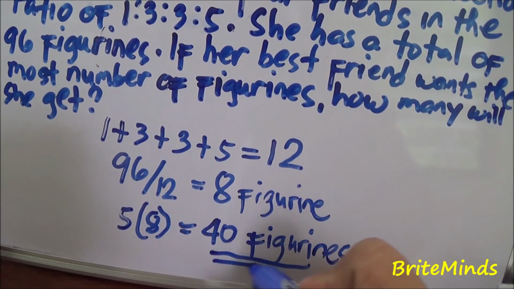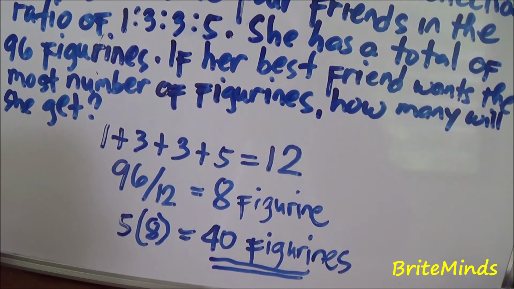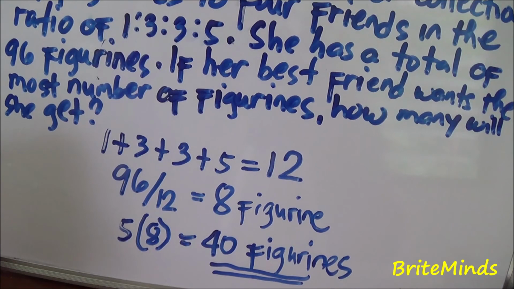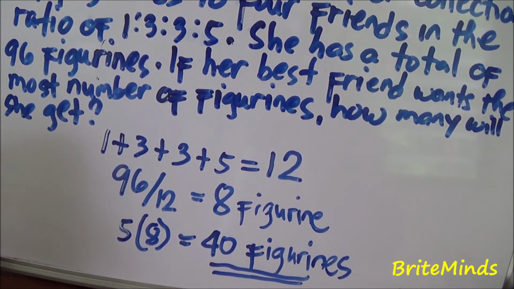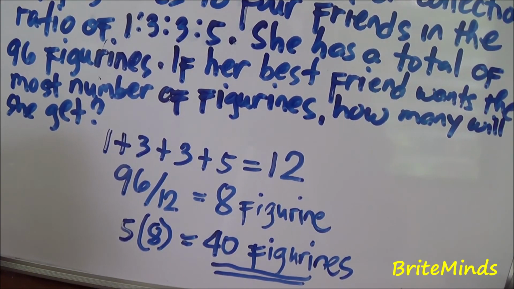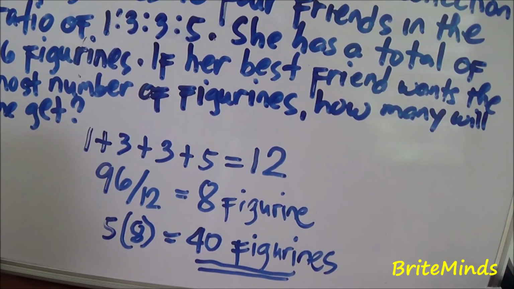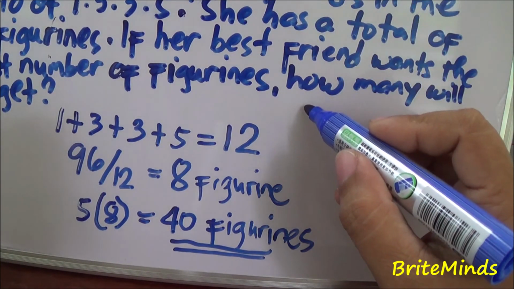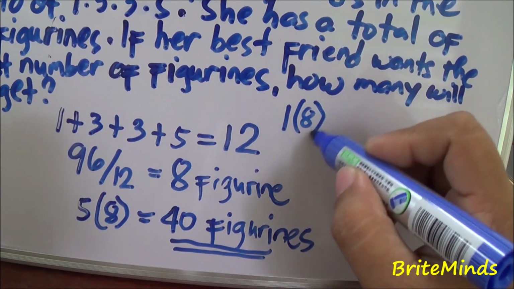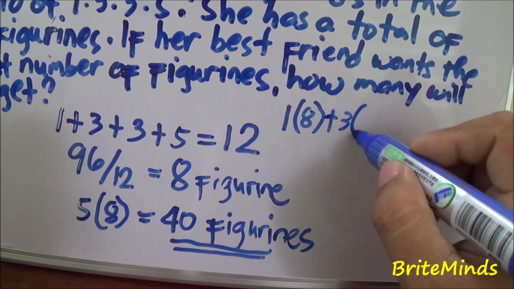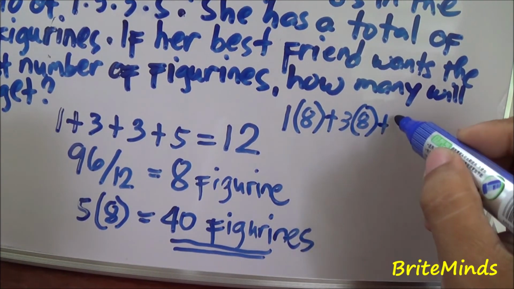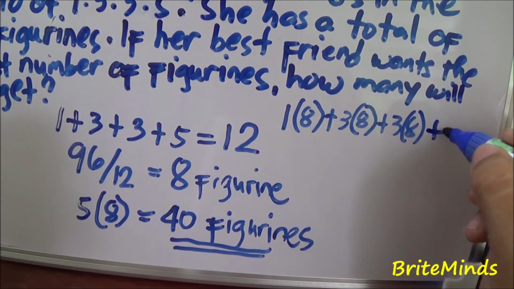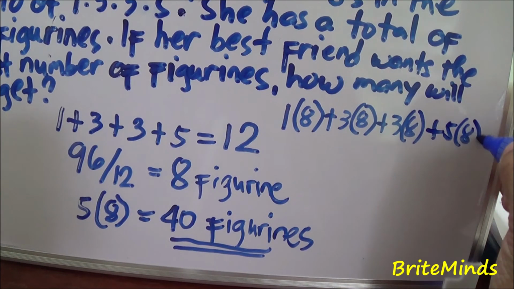How about the other friends? Friend A will receive 8 figurines, then friends B and C, 24 figurines each. Let's try to add: 1 times 8 plus 3 times 8 plus 3 times 8 plus 5 times 8.